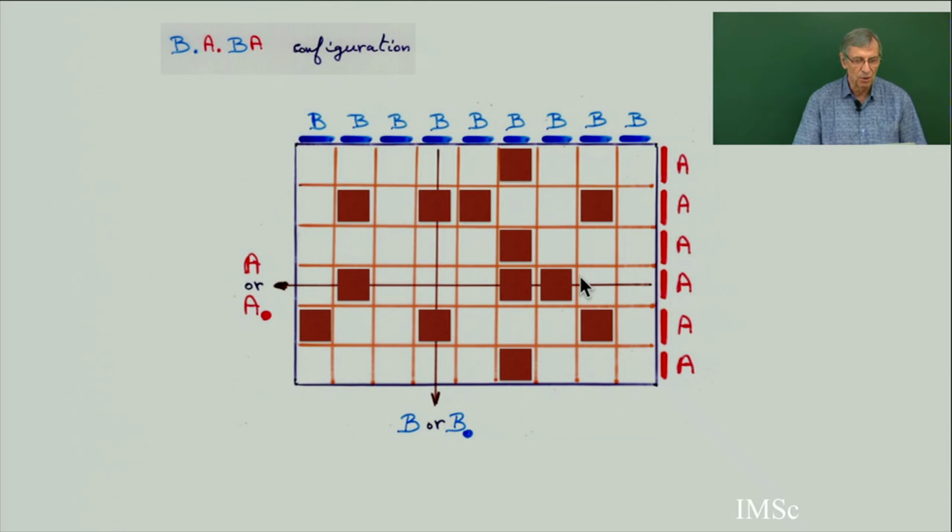So here there's an odd number of cells, so the value here on the edges will be A point. And same in the column, here there are 2 elements of the Q tableau, so you will have a B here. It's an even number.